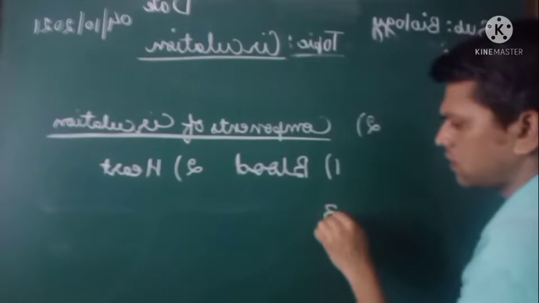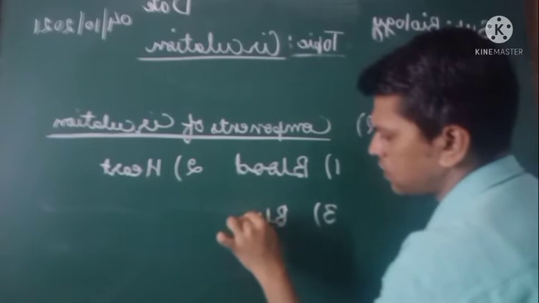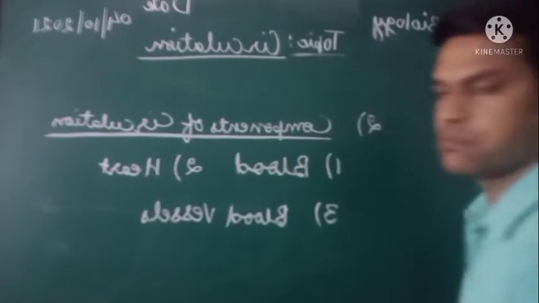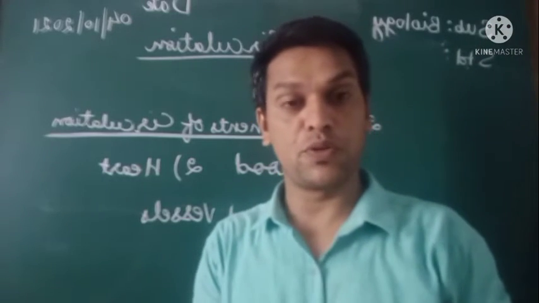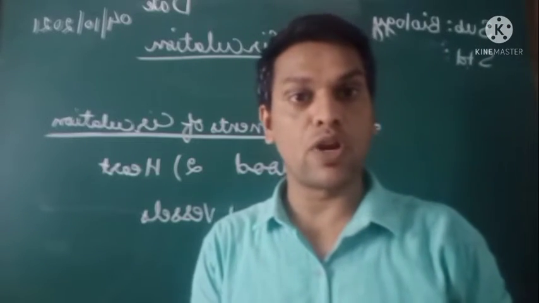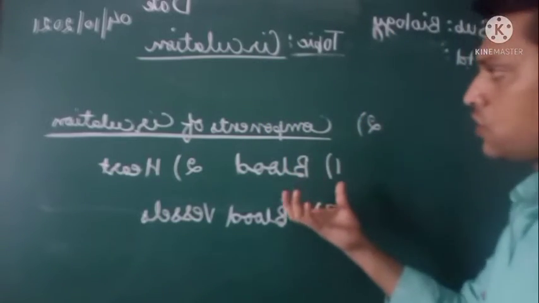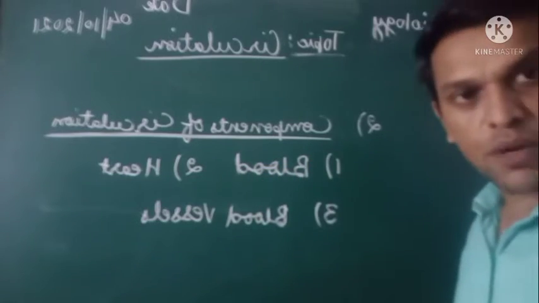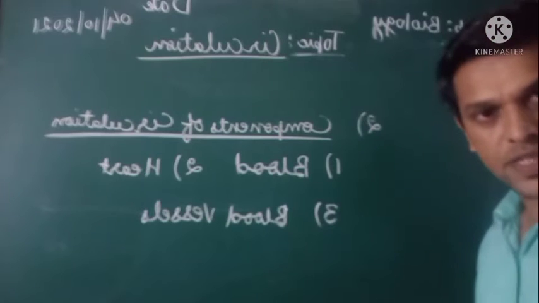The third is the blood vessel. Without these, the circulatory system cannot exist, especially whenever we speak with respect to mammalian circulation or higher animal circulation. So in circulation, as I have told you, the blood becomes a very crucial part. You have the heart and you have the blood vessel.